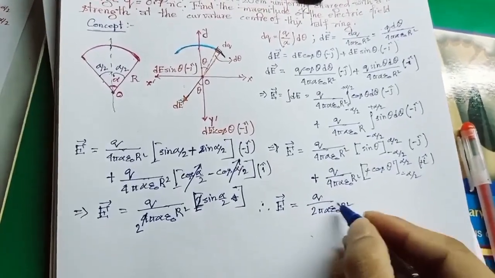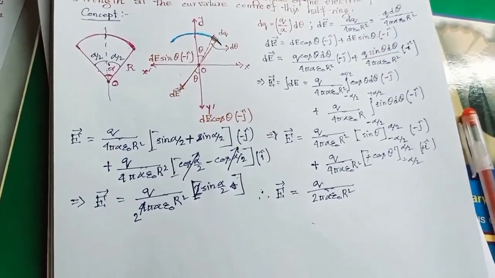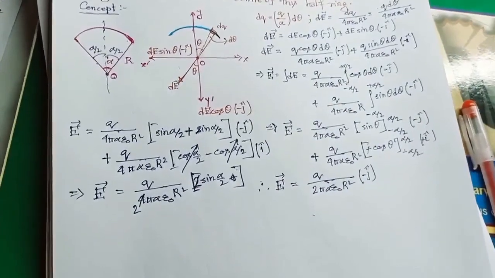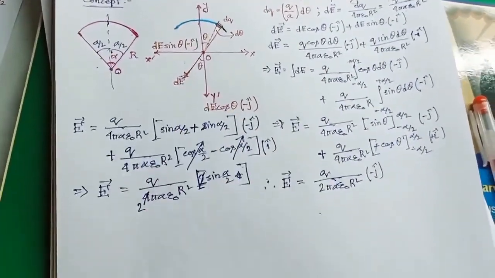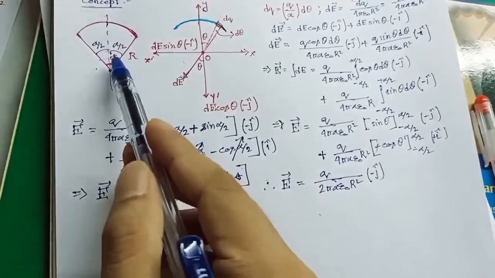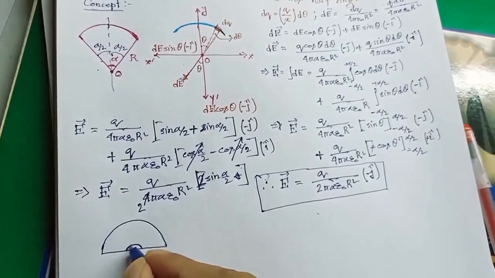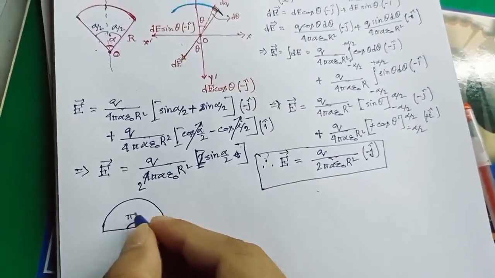So this is our net electric field which is produced at the center, and the minus j cap indicates the negative direction of the y-axis. So that is the direction of the electric field vector. Now the total angle made at the center of a half circle will be pi.